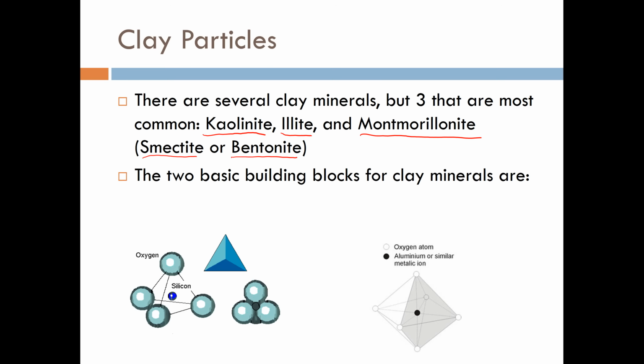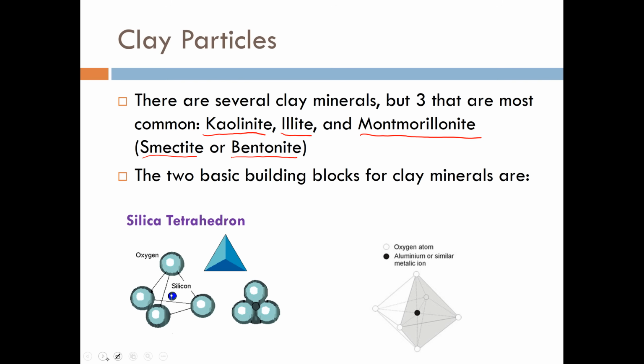Now, even though these are different types of minerals, on the molecular level, all clays are built the same way. They're comprised of two basic building blocks. The first building block is what we call a silica tetrahedron. This is a molecule comprised of 4 oxygen or hydroxyl ions with a silicon ion in the middle.